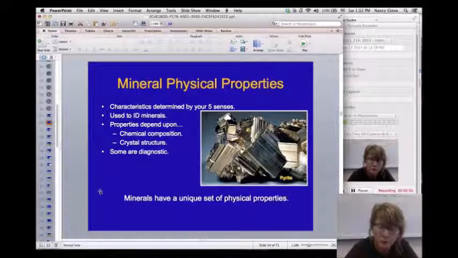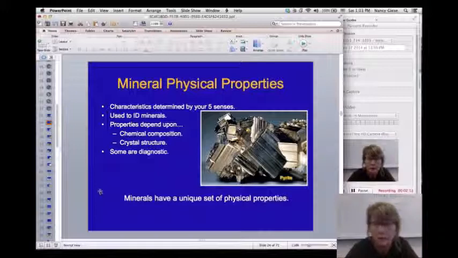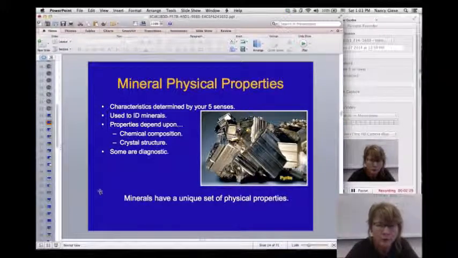You should have learned already that there are different types of bonds that hold atoms together in a solid. Some of the bonds are weaker and some are stronger. Some bonding allows the electrons to move more freely. So the types of bonding that's present will also determine the physical properties of the mineral.